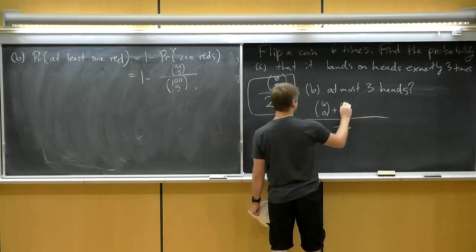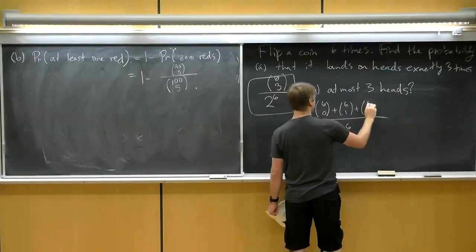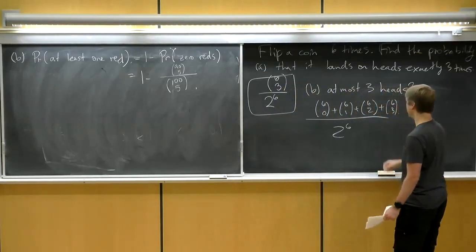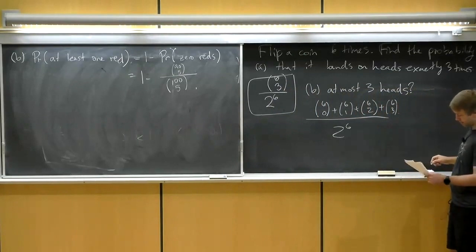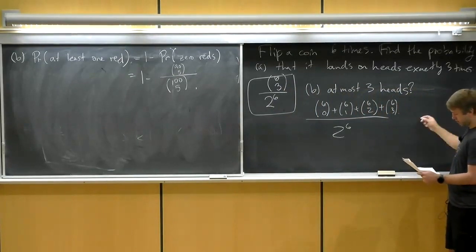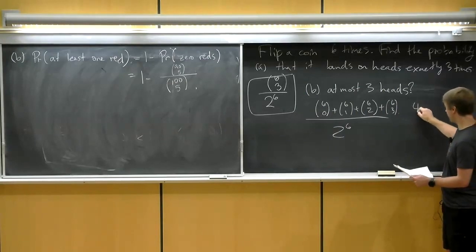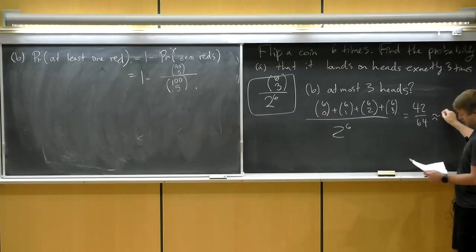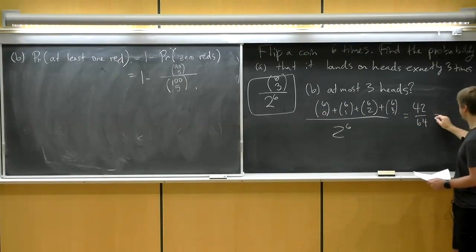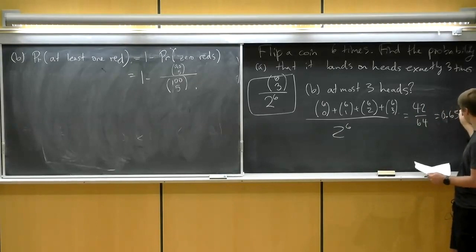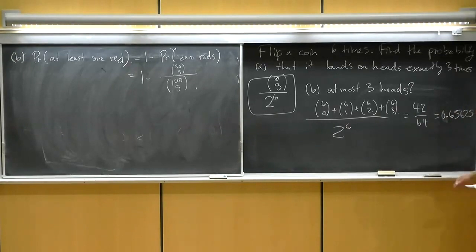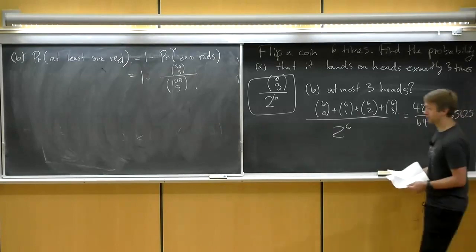Probability of 0 heads, 1 head, 2 heads, or 3 heads. Which is apparently 42 over 64, which is roughly, or maybe it's exactly, 0.65625. Okay, so about 65 or 66% of the time, you'll have at most 3 heads.